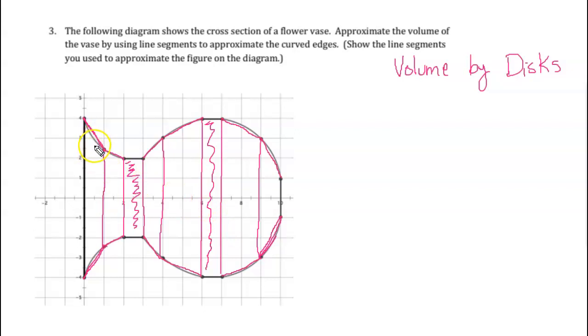And so we can actually find the volume of each of these 8 sections individually using our frustum formula and our cylinder formula, and then add them up. And then we can actually find an approximation for the volume of this vase. So go through and see if you can find an estimation for this volume.